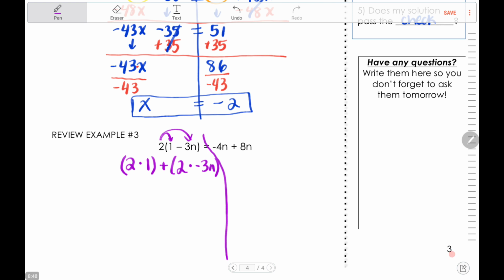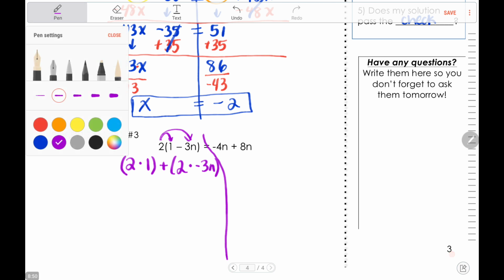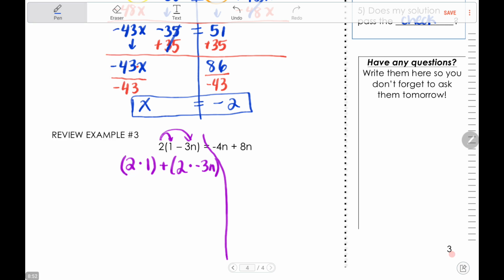Okay. Now let's simplify that, and what that's saying is 2 times 1 is 2. 2 times negative 3n is negative 6n. 2 plus negative 6n is equal to, now let's copy this one down, negative 4n plus 8n.